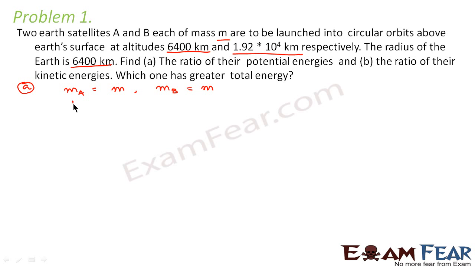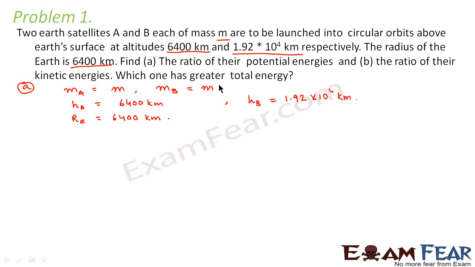That means the height for A is equal to 6400 kilometers, and the height for B is equal to 1.92 × 10^4 kilometers. Now the radius of the Earth, that is RE, is equal to 6400 kilometers.